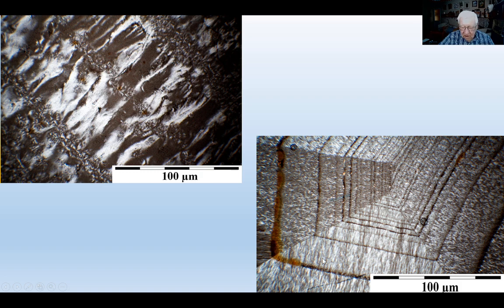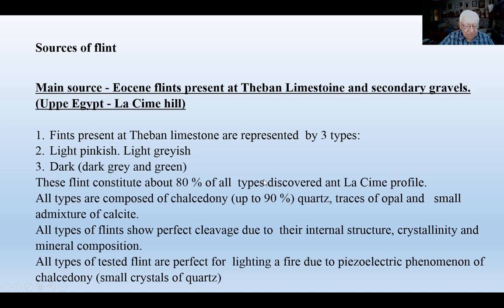And other agates look like this. They have a very symmetric internal structure, many generations of small quartz, it means chalcedony, and generations of iron oxides, this slightly brownish.